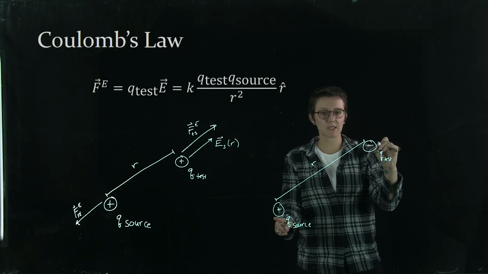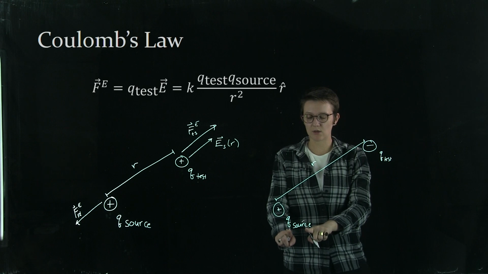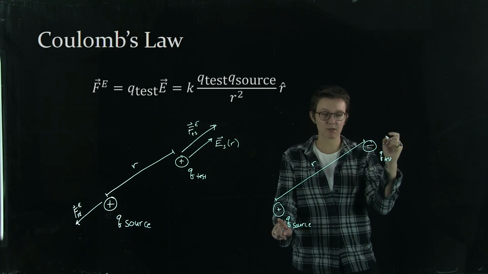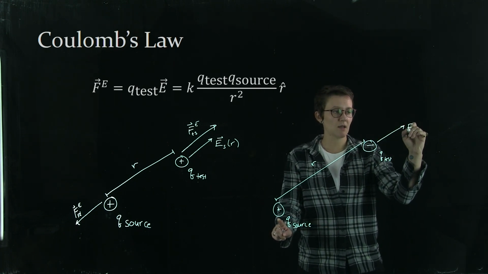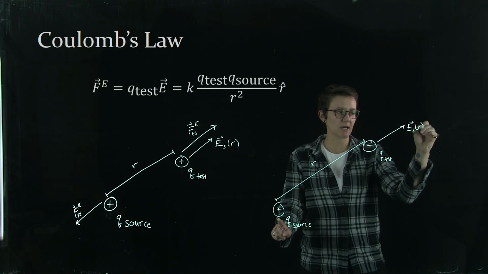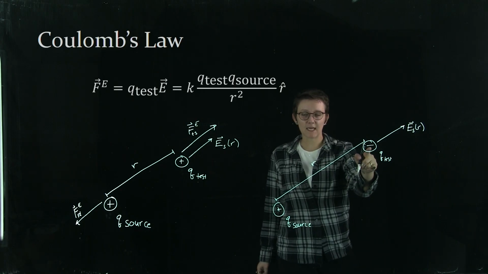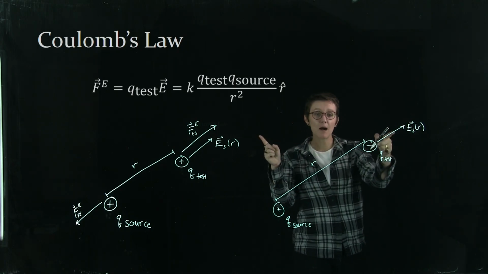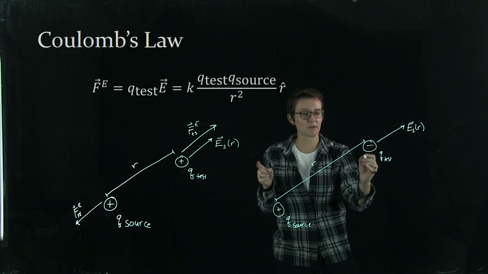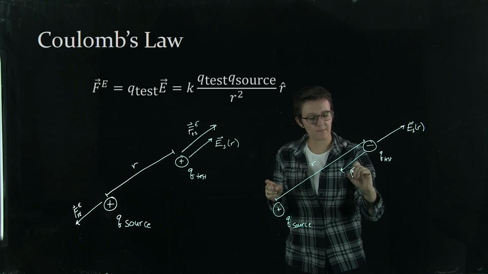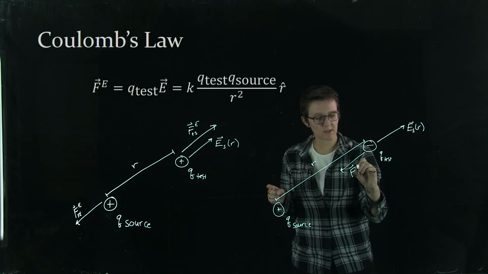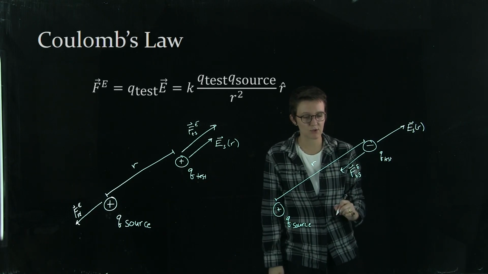My electric field from the source charge is still pointing radially away from the source charge here. So I can still draw an electric field by the source charge at that location r. But now, because my test charge is negative, my force is in the opposite direction of the electric field. So I might draw a vector that looks like this. Here's my electric force on the test charge by the source charge.